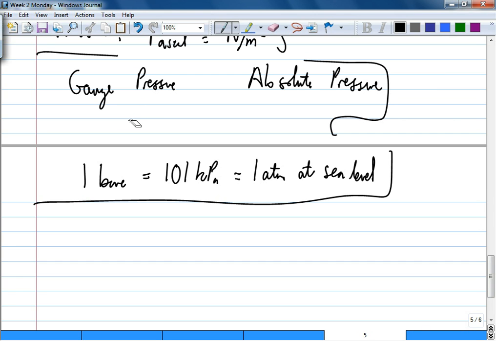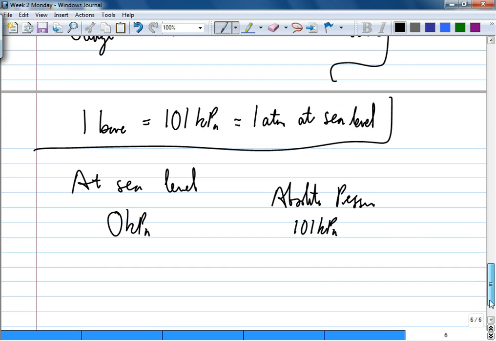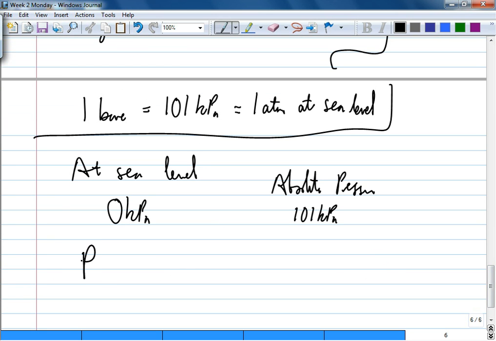So at sea level, your absolute pressure is 101 kPa and your gauge pressure is 0 kPa. Why do they call it absolute?